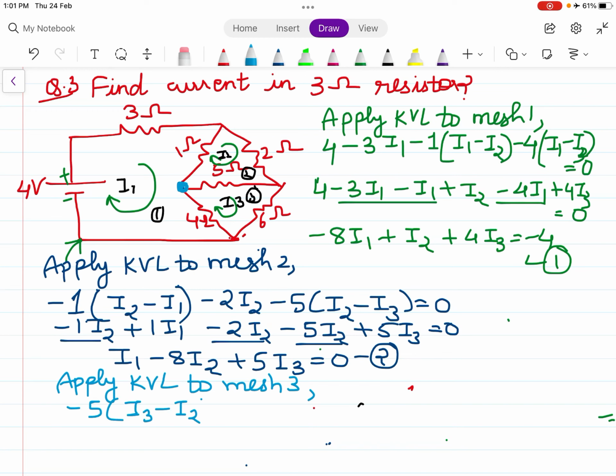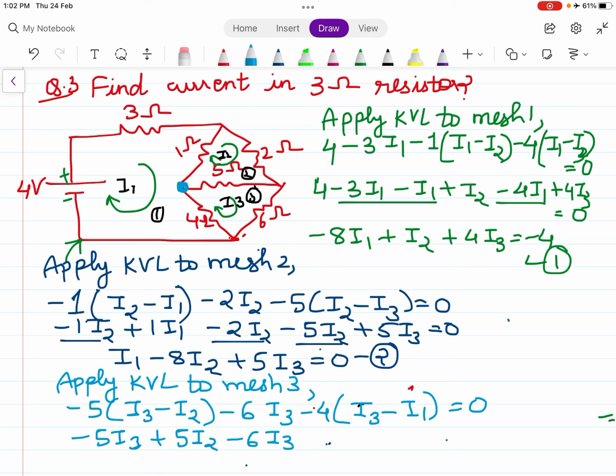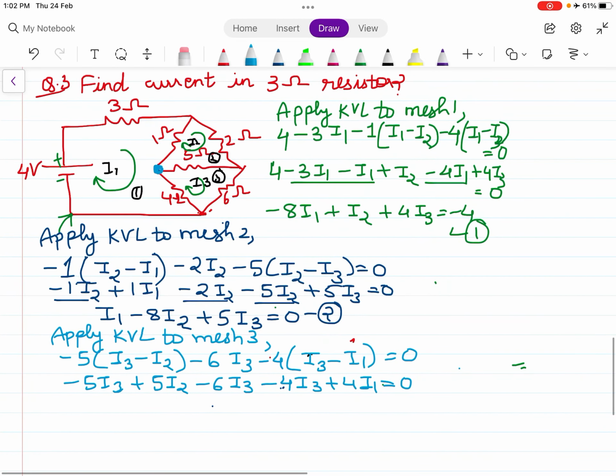So I3 minus I2, minus 6 I3, minus 4 I3 minus I1 equal to 0. So minus 5 I3 plus 5 I2 minus 6 I3 minus 4 I3 plus 4 I1 equal to 0.